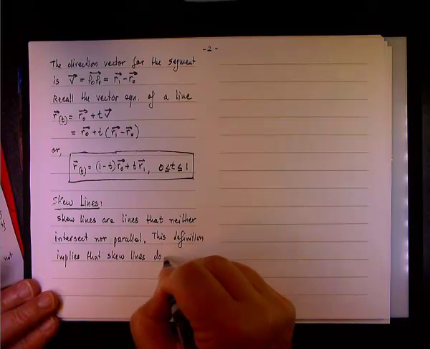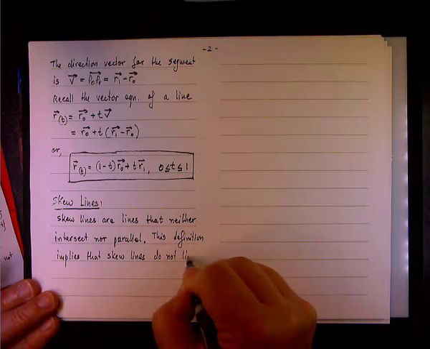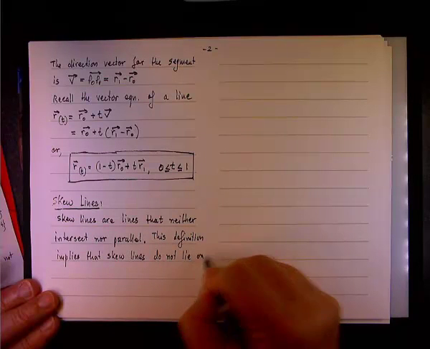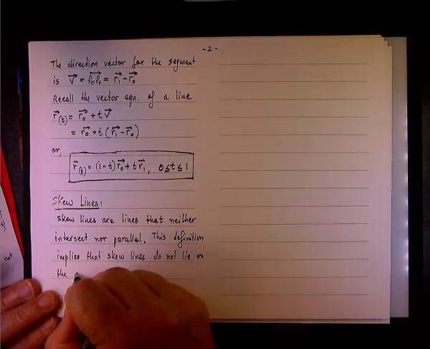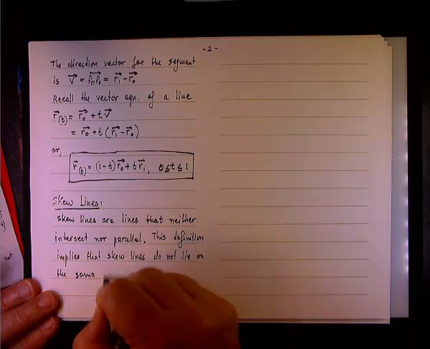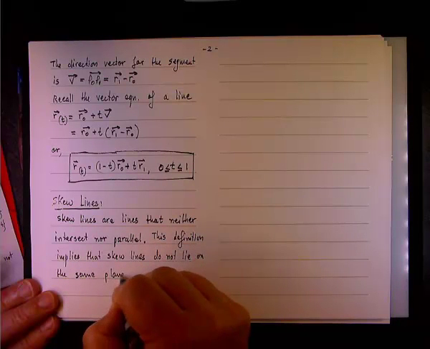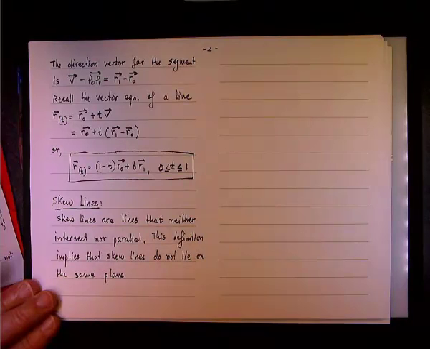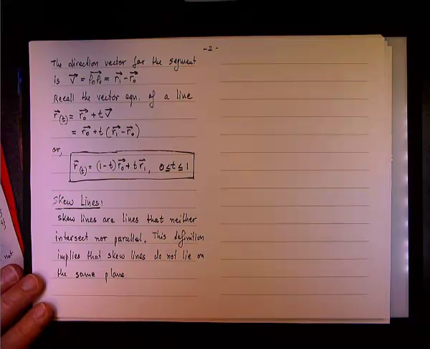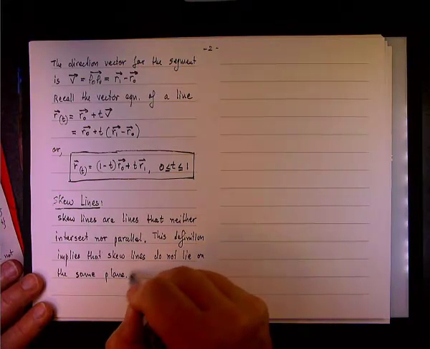This definition implies that skew lines do not lie on the same plane.